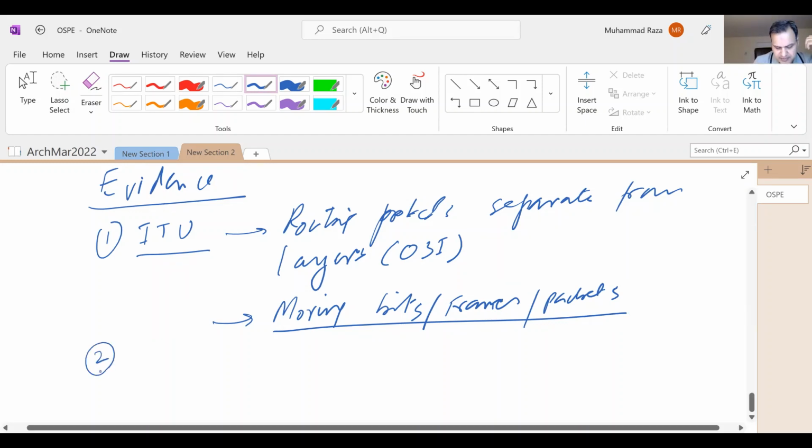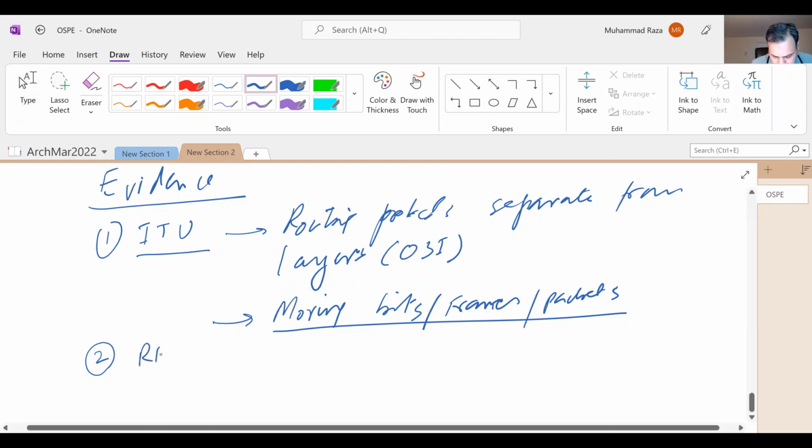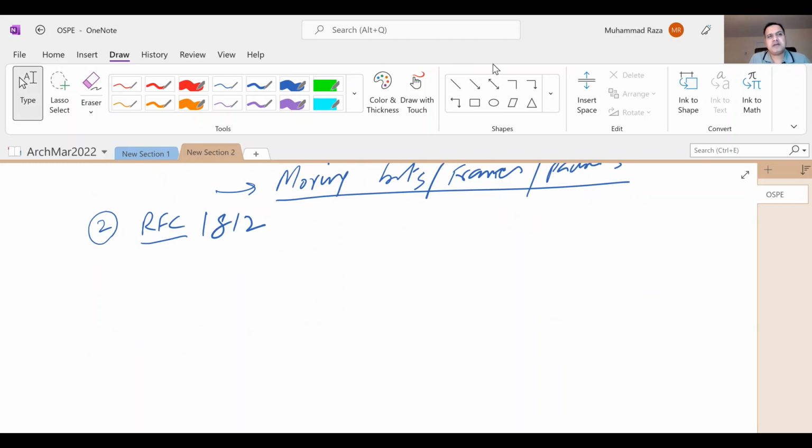Let me give you another evidence. I had a couple of pictures put in a file here. There's an RFC, RFC 1812, and I'm copying two pictures from the index of that RFC.